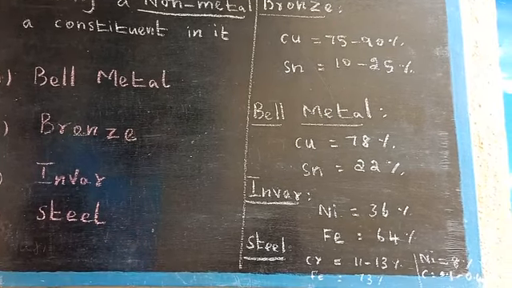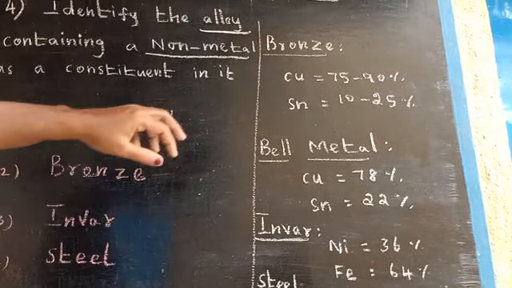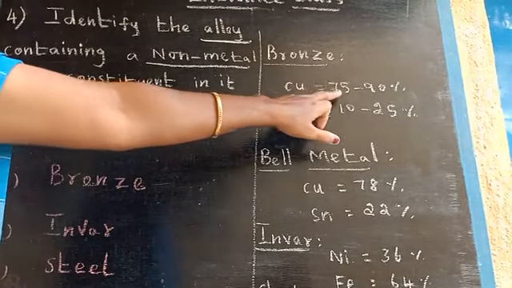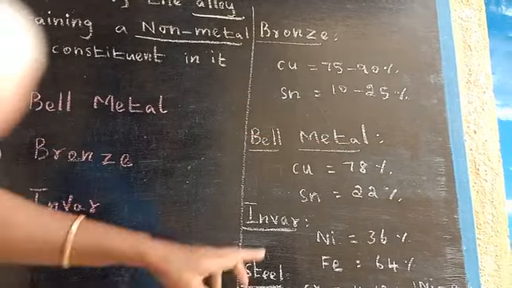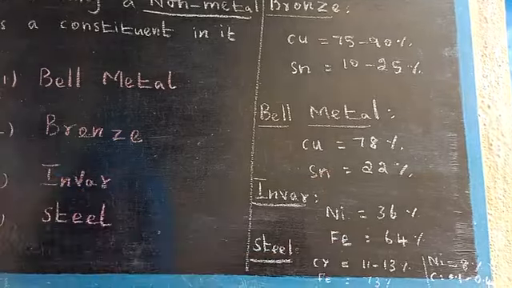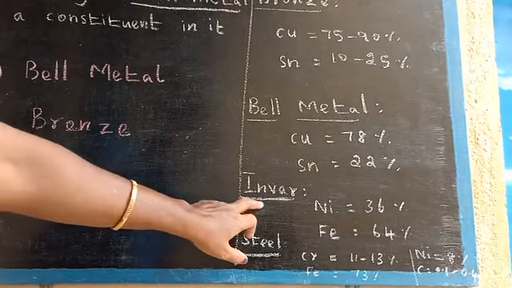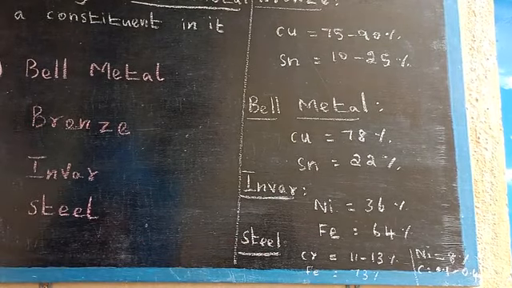Now we know the composition of particular alloys. Bell metal contains copper 75 to 90%, tin 10 to 25%; bell metal copper 78%, tin 22%. Invar: nickel 36%, iron 64%.